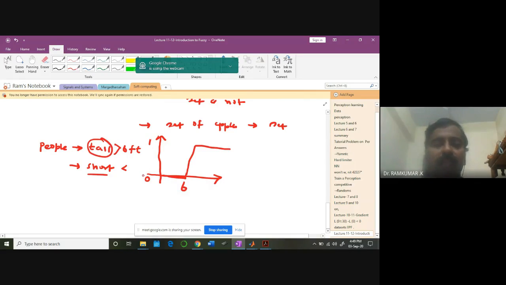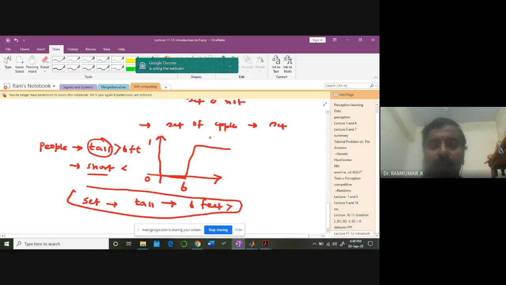Are you getting the point? What I'm saying? You fix a set called tall, and you fix a range of 6 feet above. Then the membership function for the set tall looks like this.